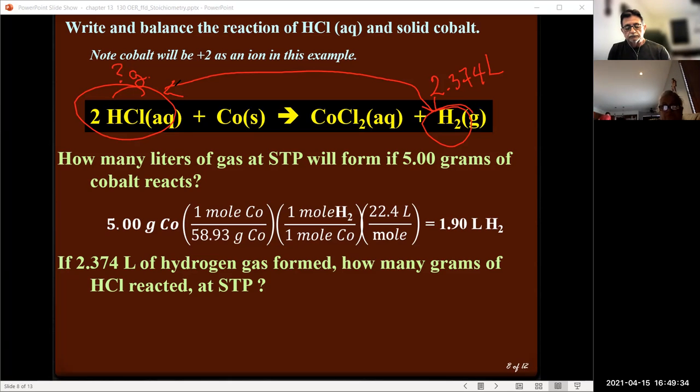So what do we do? As always, we write down what we're given. And in my case, because I want to keep track of where I'm going, I need to go to grams of HCl, and I write that down. It keeps me honest and going in the right direction as far as setting up my problems.